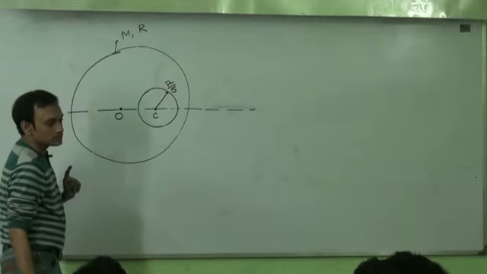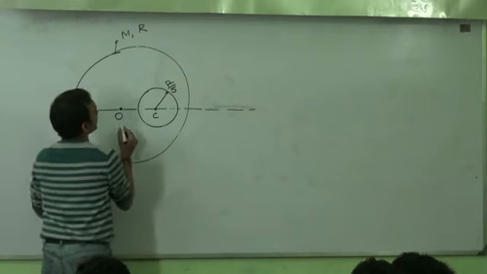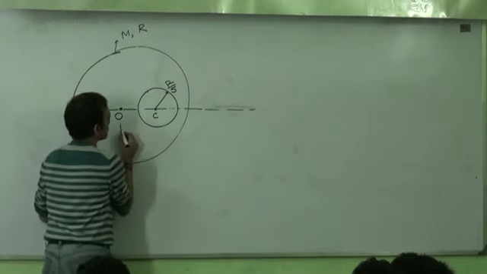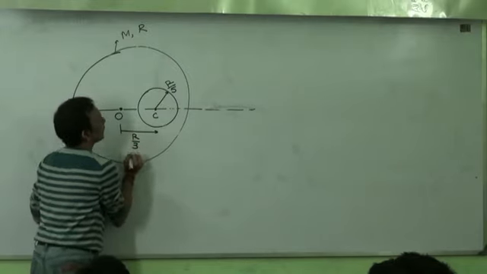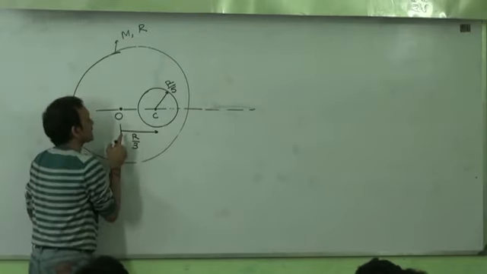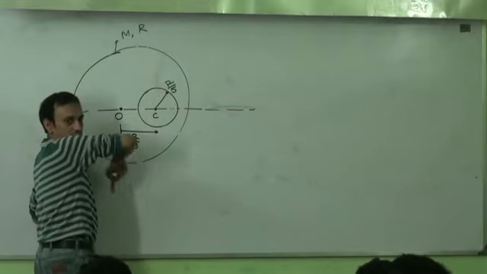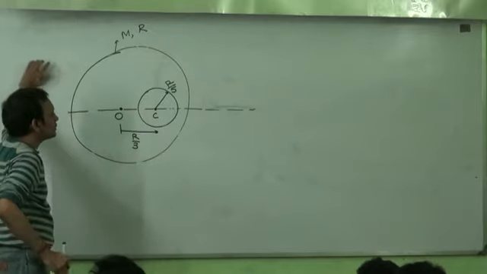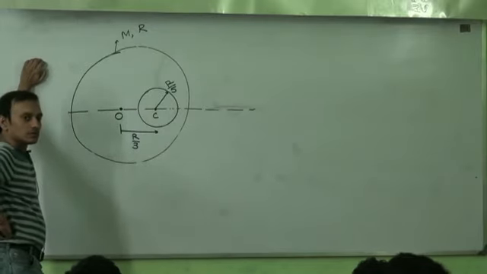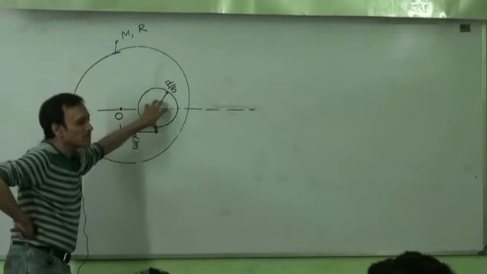Now, I'm coming to that also. C is, let's say, located at r by 3 from O, the center of the bigger disk. Clear? Now, if the mass of the whole thing is capital M, what would be the mass of this?